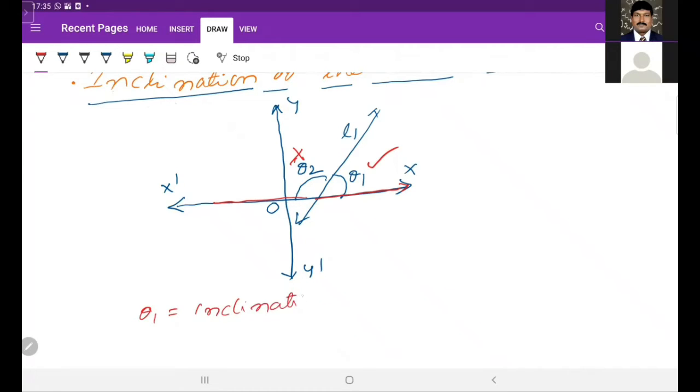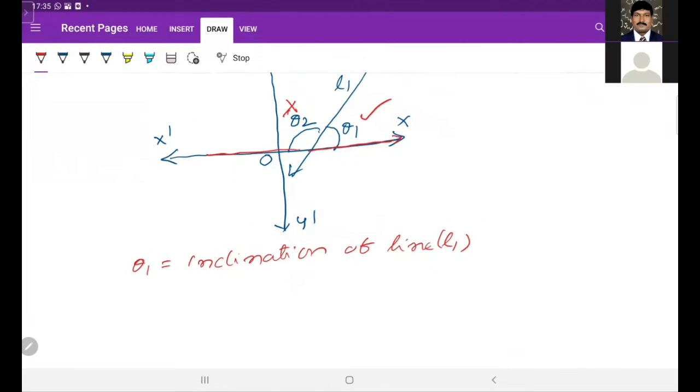Inclination of line L1. Understand? Theta 1. How to write now? Definition tell now.